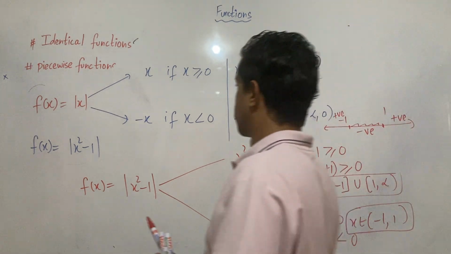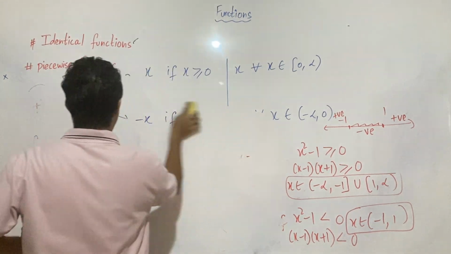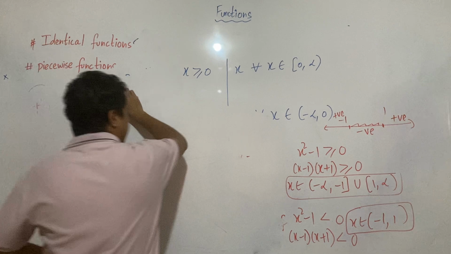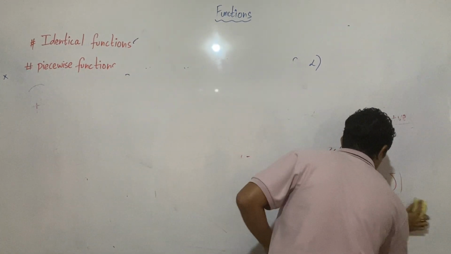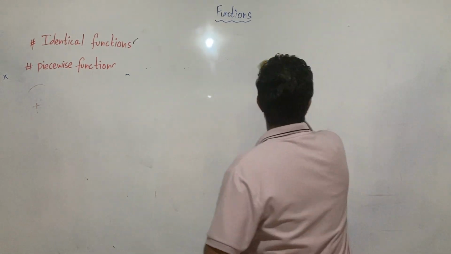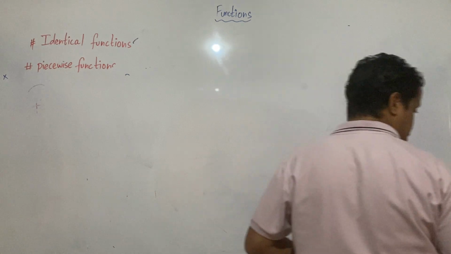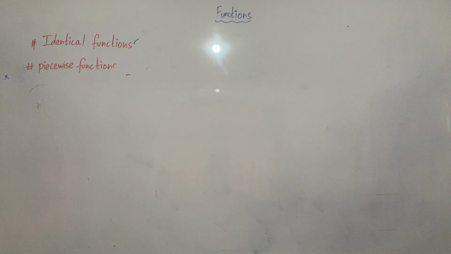Let's take one question. Let's see if we can crack it. I got this question on the internet, which I found interesting, and I can relate it to piecewise function.